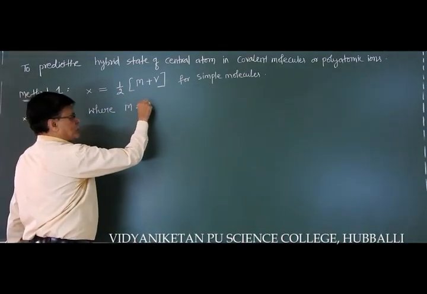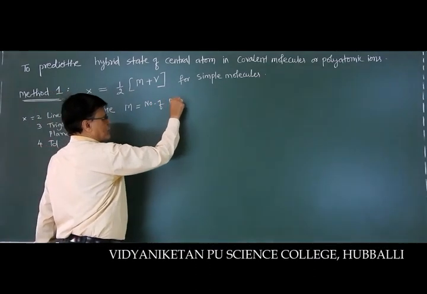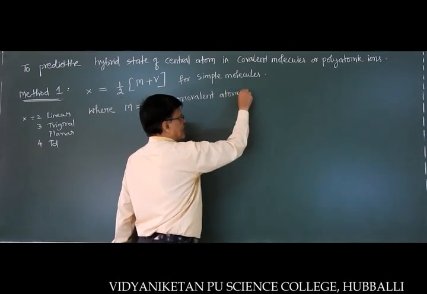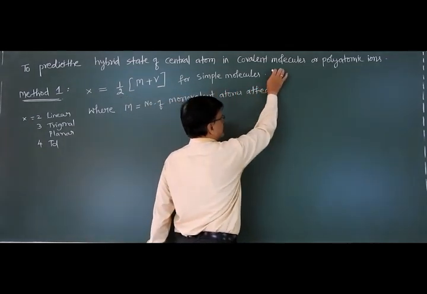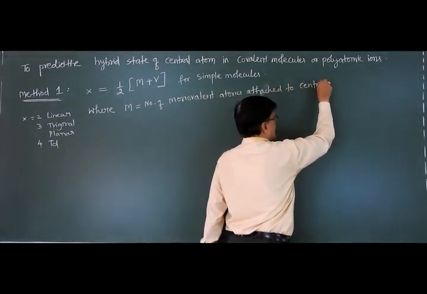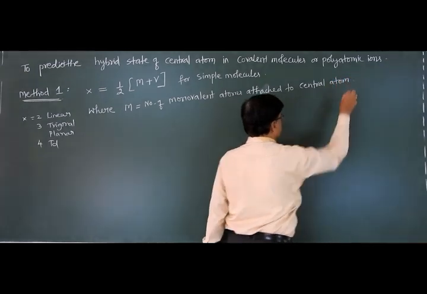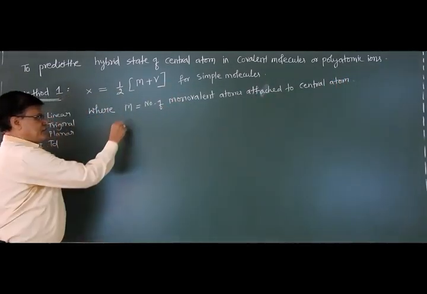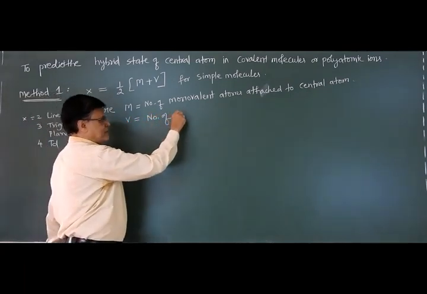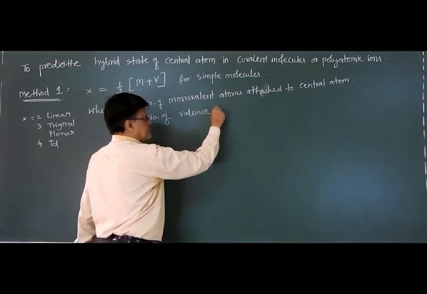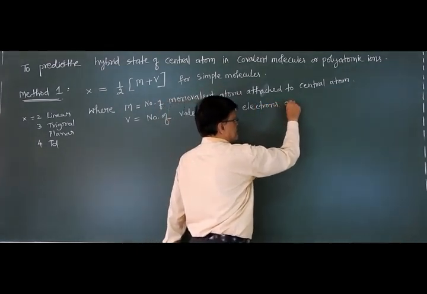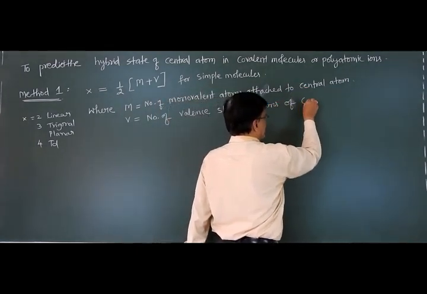M is equal to the number of monovalent atoms attached to the central atom. What is V? V is nothing but the number of valence shell electrons on or of the central atom.